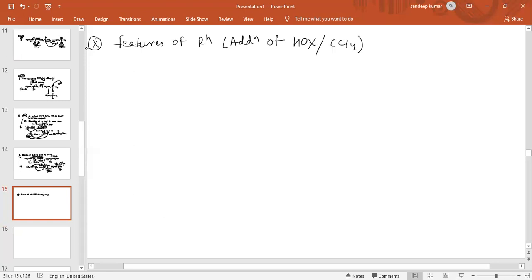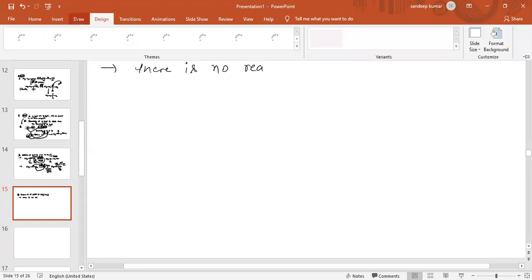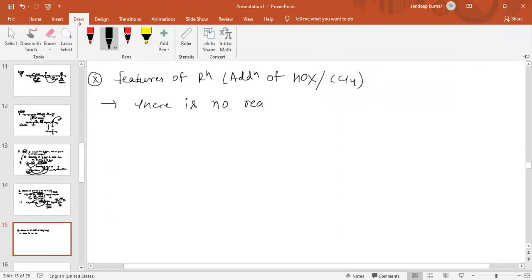Basically, in this reaction there is no rearrangement of carbocation. So the first feature of this reaction is that there is no rearrangement of carbocation.